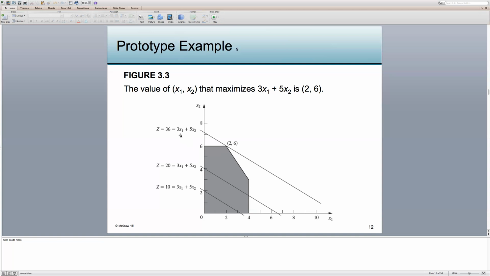When x1 is 2 and x2 is 6, you get z equals 36. This says if you produce 2 batches of product 1 and 6 batches of product 2, you have a profit of $36,000, and that maximizes the profit over all possible choices of x1 and x2. So the solution of this linear programming problem is that x1 equals 2 and x2 equals 6. That gives you the greatest possible profit.